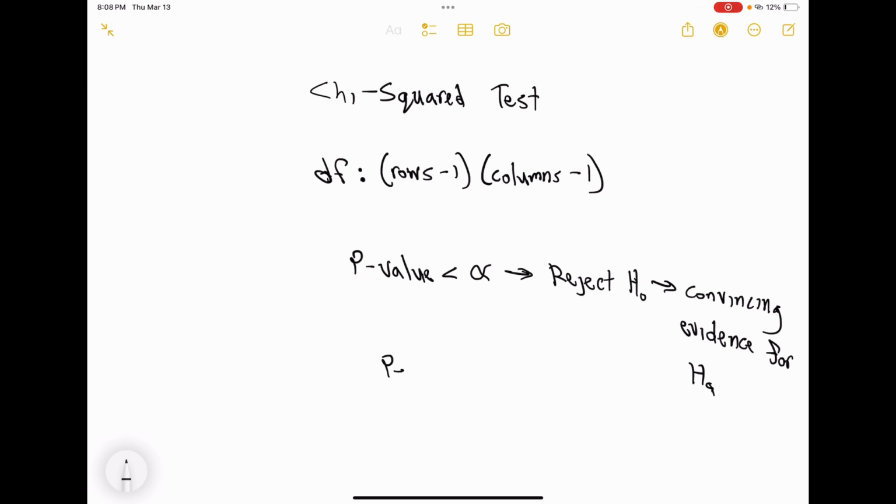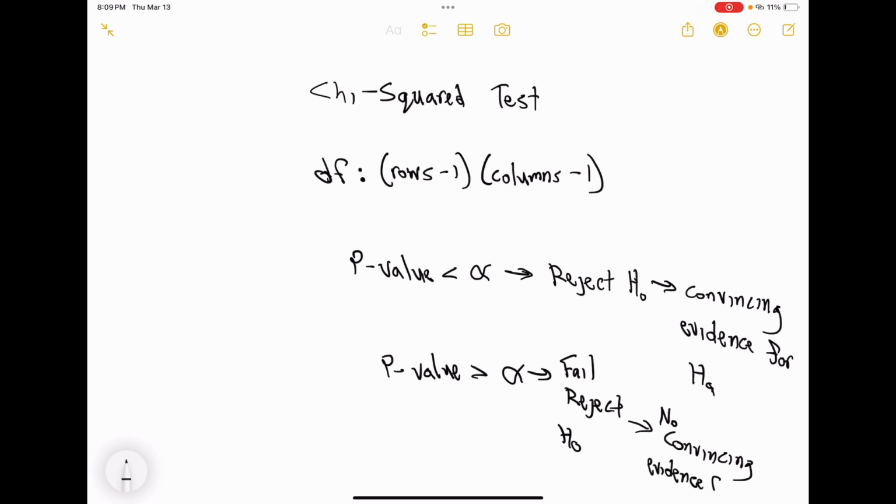If the p-value is greater than the alpha, then we fail to reject the null. Do not accept the null. Do not find convincing evidence for the null. And we find no convincing evidence for the alt. Okay, and remember to put it in context.